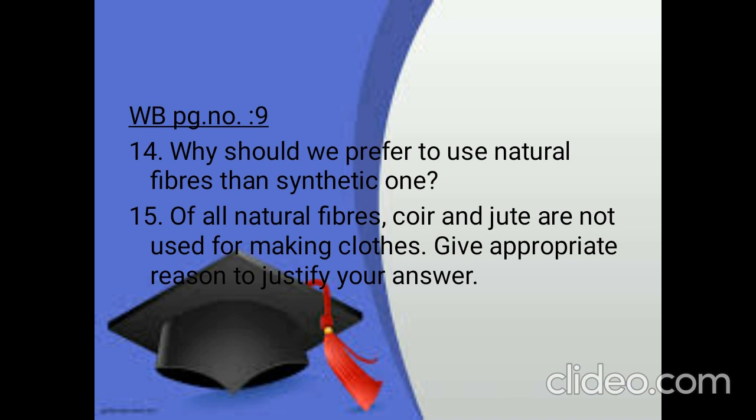Give an appropriate reason to justify your answer. Among all the natural fibers obtained from plants, jute and coir are not used in manufacturing clothes. You have to say the reason why. Could you clear, children? Right.